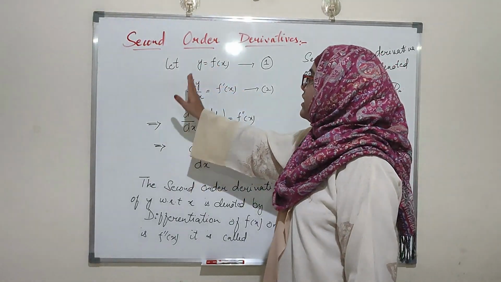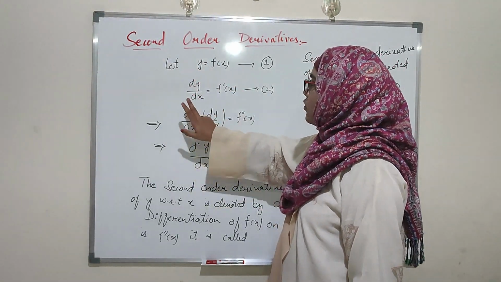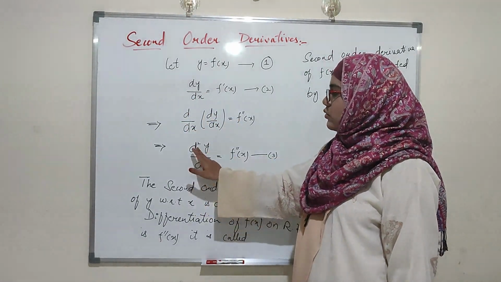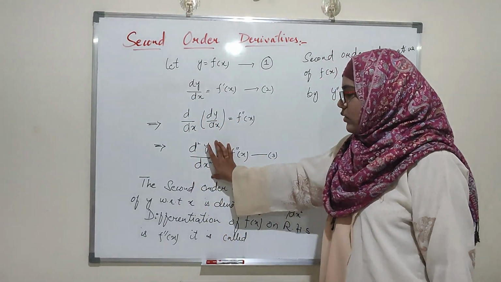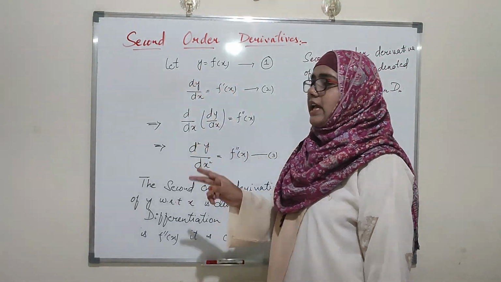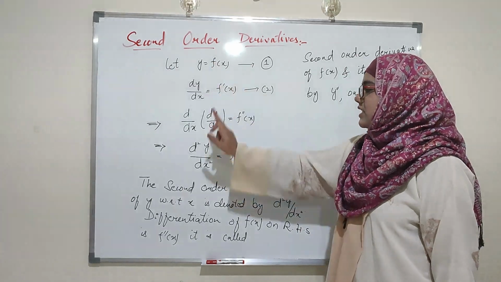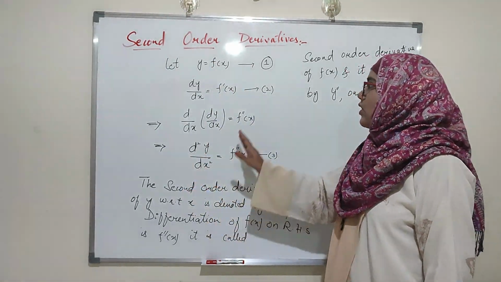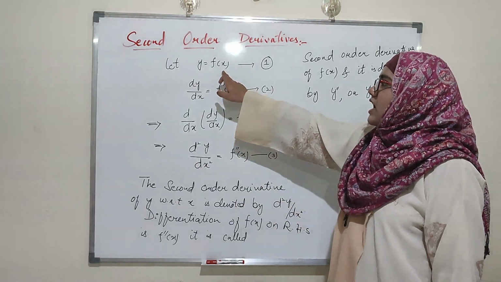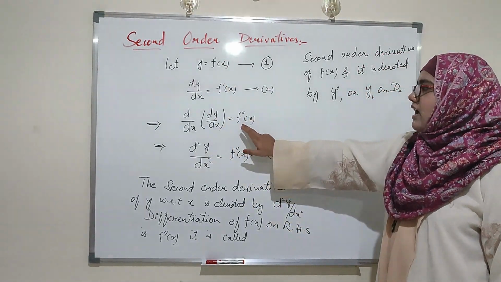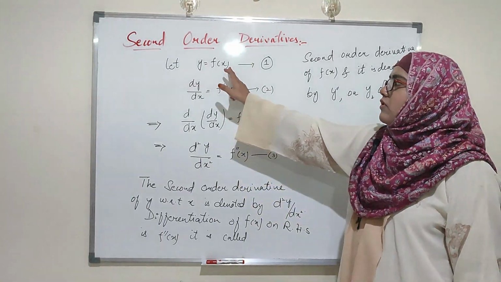On the left hand side, differentiation of y with respect to x, we got dy by dx. Now again differentiation, we got d2y by dx square. This term d2y by dx square is known as the second order differentiation of y with respect to x. On the right hand side, f dash is the differentiation of f of x, and f double dash is the differentiation of f dash of x.